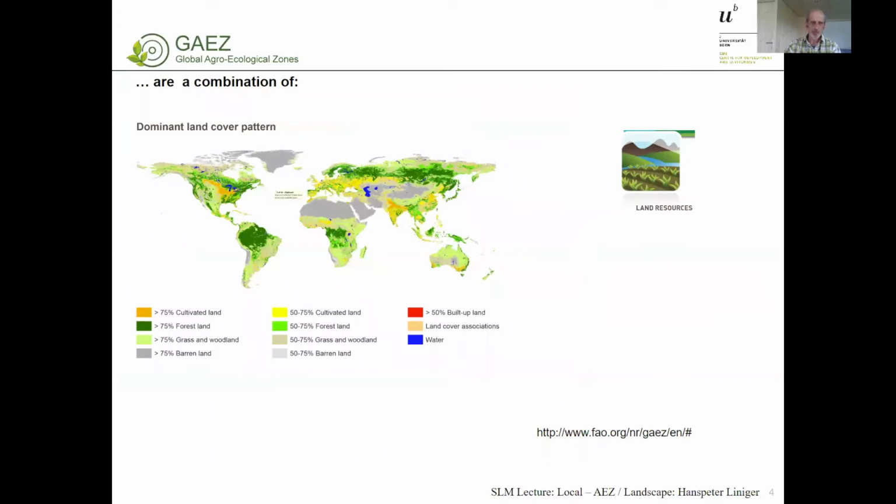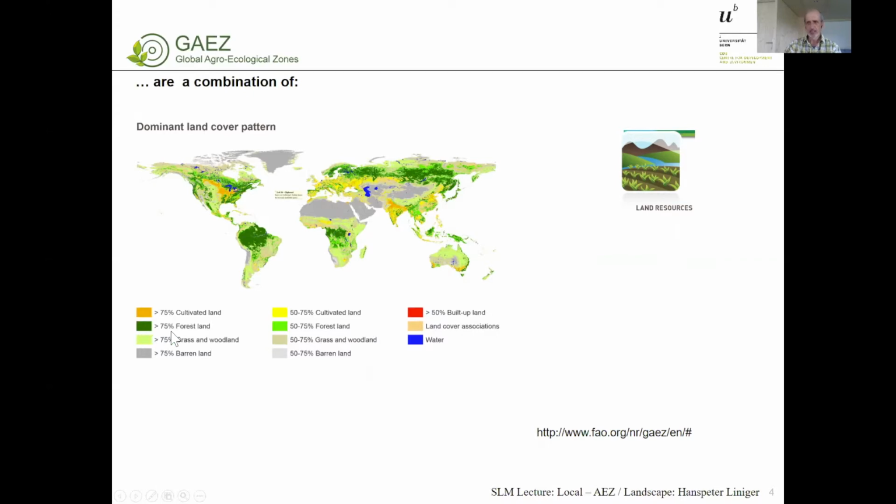The first one, these zones are combinations of, the first one is dominant land cover pattern. You can see on the legend, it is cropland, more than 75% cultivated land, 50 to 75% cultivated land, and then build up areas.